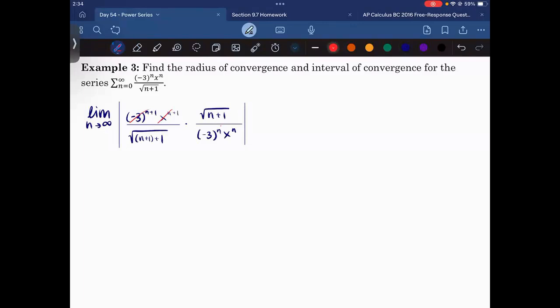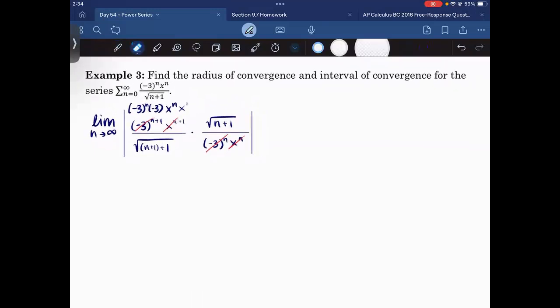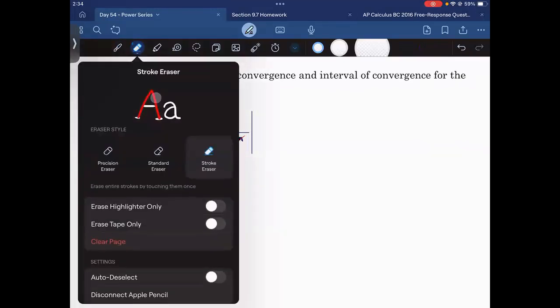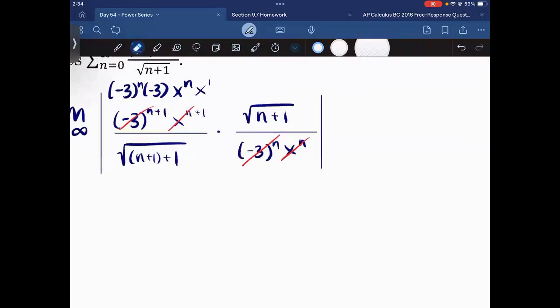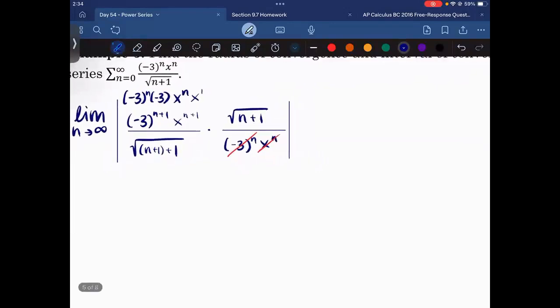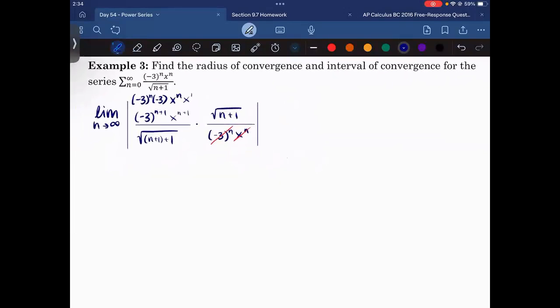And I'm being a little presumptuous that you understand this. I'll write this here just so you know why I'm canceling this. We can split it by exponent rules. Make sure you do know that. Actually, just gonna have to be very careful. There we go. So that's what I mean by you're gonna have to just start making these connections very fast. So I'm just spreading it out and just getting rid of the things that match.